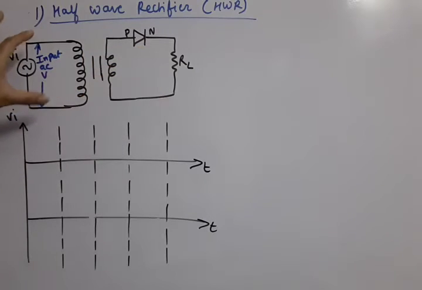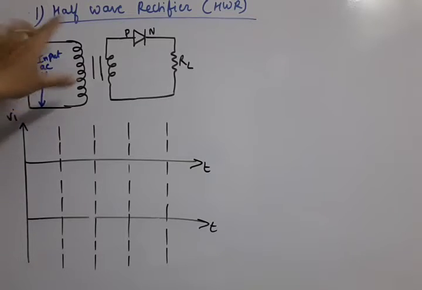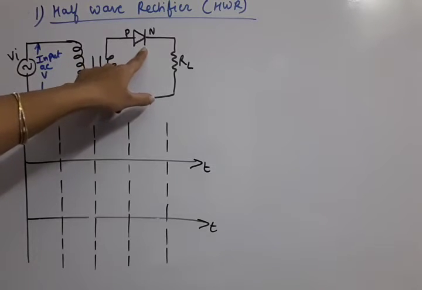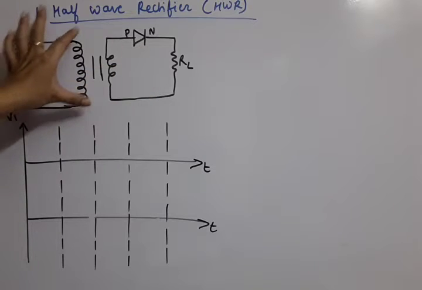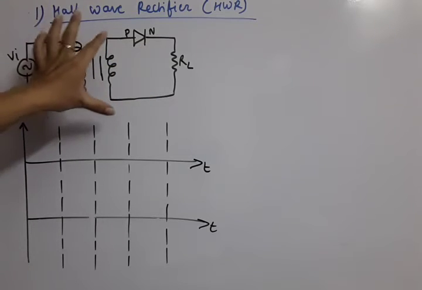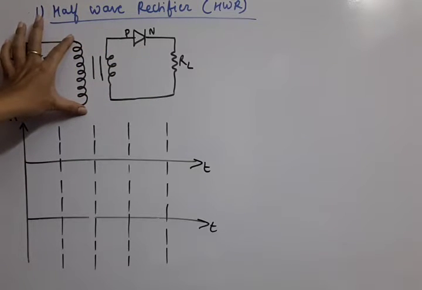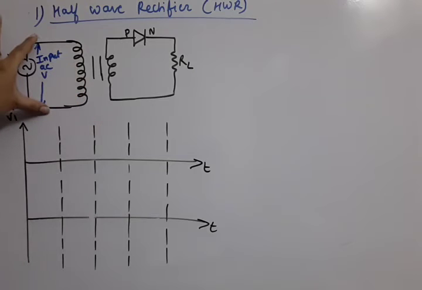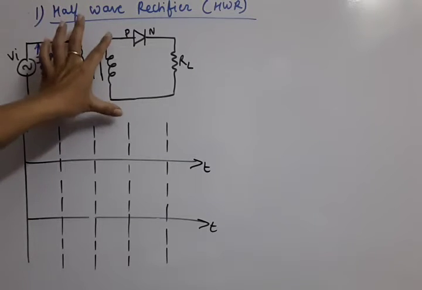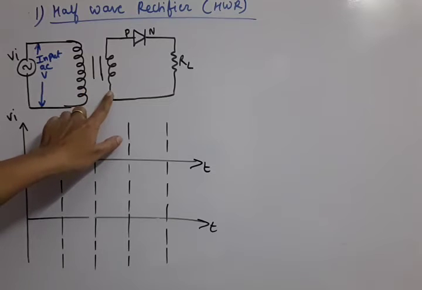But because this AC voltage from the main supply is generally very large, maybe 220 volt, we cannot directly give the 220 volt to the diode. First of all, we have to reduce this voltage using a transformer. So this high voltage AC we give to the transformer, which you can see is a step down transformer.